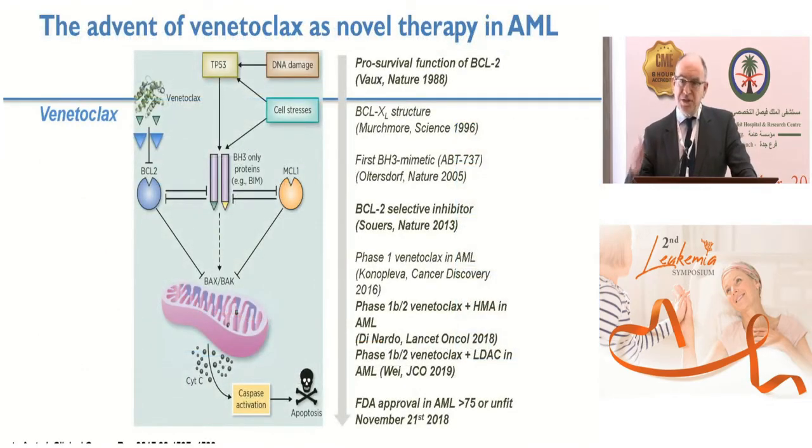The really interesting drug, of course, is venetoclax, a BCL2 inhibitor, and this is a drug that has developed through a long scientific history, and a lot of this work has been led by Andrew Wei in Melbourne with great distinction. Monotherapy with venetoclax in AML was really rather unexciting in terms of results.